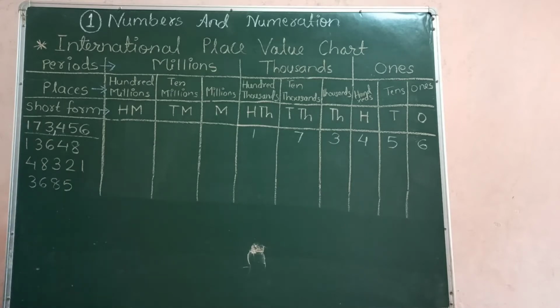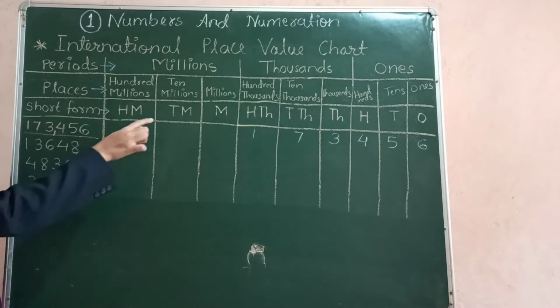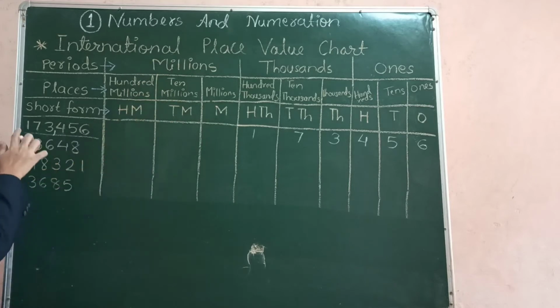Now how are we going to read it? We can't just read it as 173. We will read it as 173 thousands because they are in the thousands period.